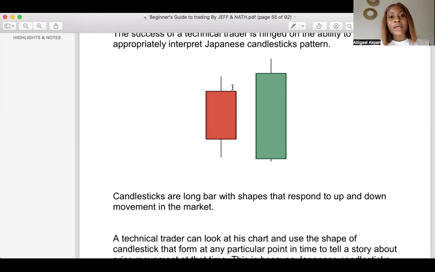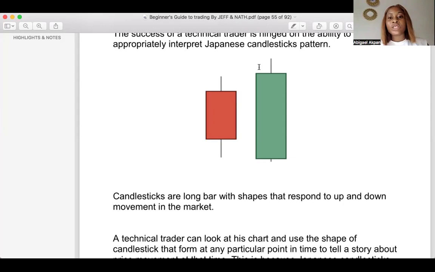Buyers came in and pushed this price up to the end of this wick. Sellers came and pushed it down back to this opening price and then continued pushing it down till it gets to this place. And then buyers came and pushed it back up until it closed here. So now we are saying that this is the open, this is the close of the candle. This is the opening of the candle, and this is the closing of the candle.